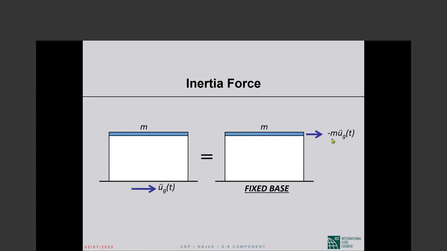Okay. Now here we are assuming that the acceleration of the mass is the same as the acceleration of the base. That is not necessarily always so. There is amplification of the ground acceleration as we go up a building, typically.